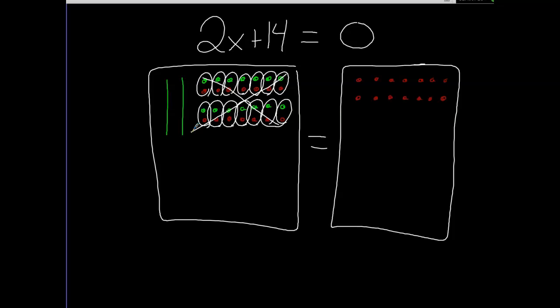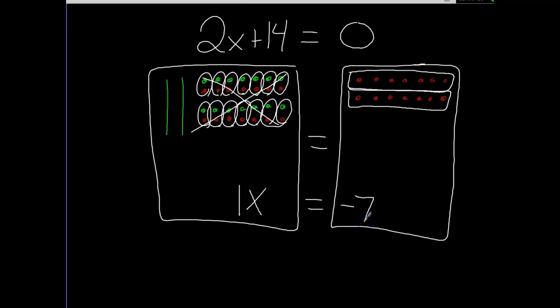So if I split these up into 2 groups, I have to split my other side into 2 equal groups. So if I split it up into 2 equal groups, here's 1, here's 2, and I know they're equal because I have the same amount on the top as I do the bottom. So I know that 1x is equal to 7 negatives, because I have 7 negatives in one group, or x is equal to negative 7.